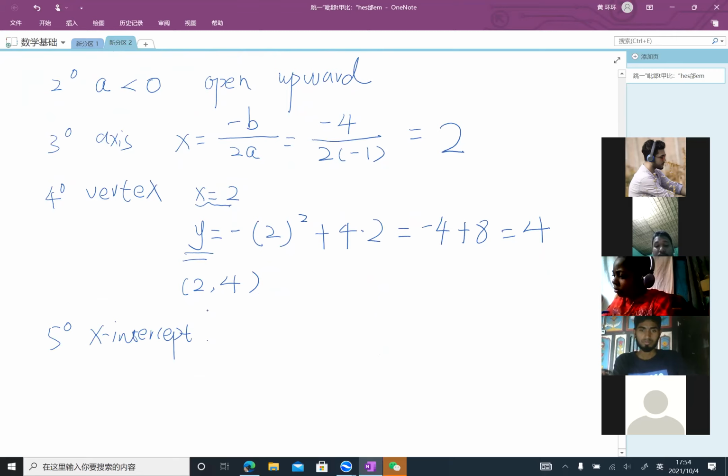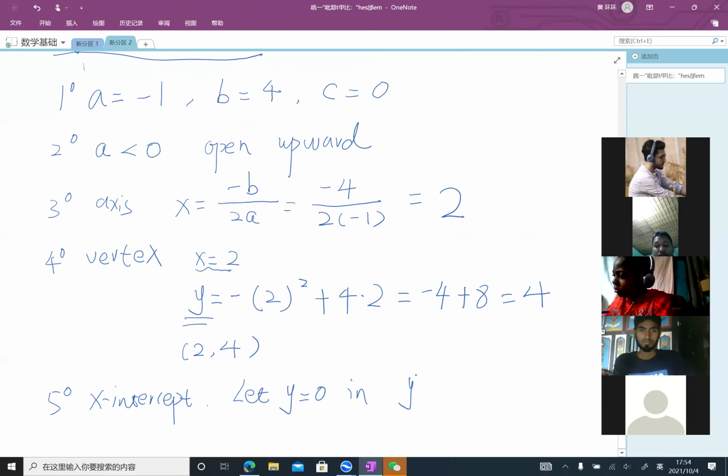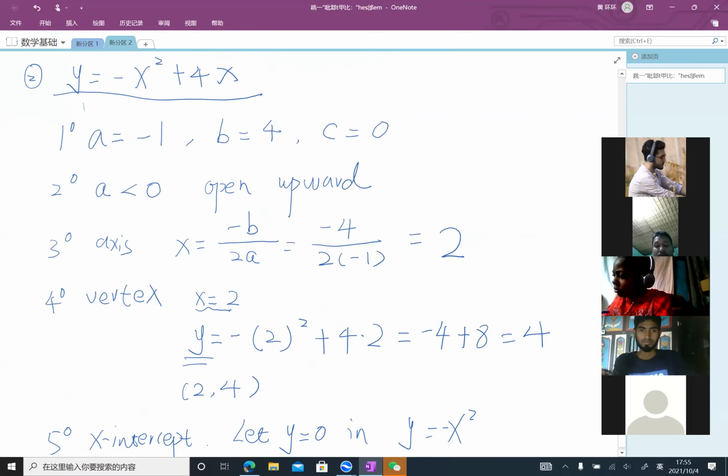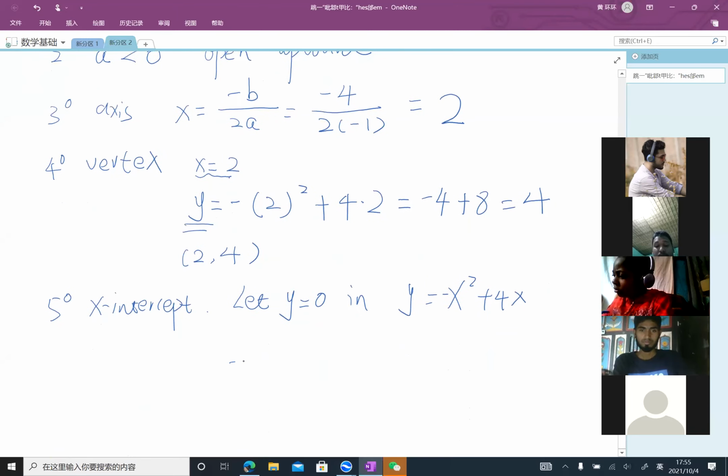For the x-intercept of this parabola, we let y equal 0, so negative x squared plus 4x is equal to 0, and then we get x squared minus 4x is equal to 0, right?